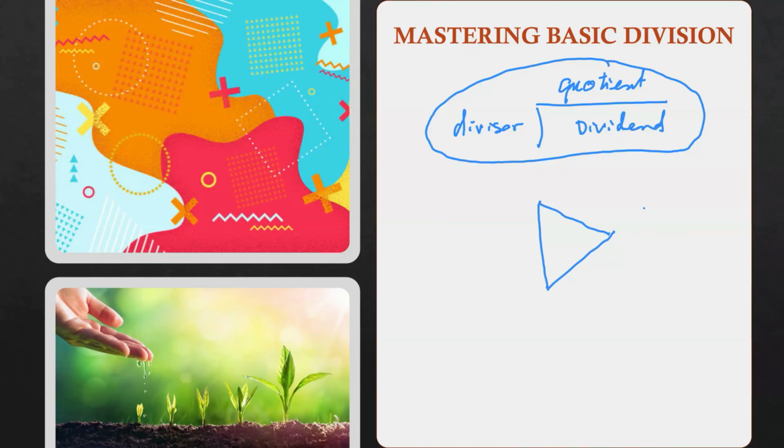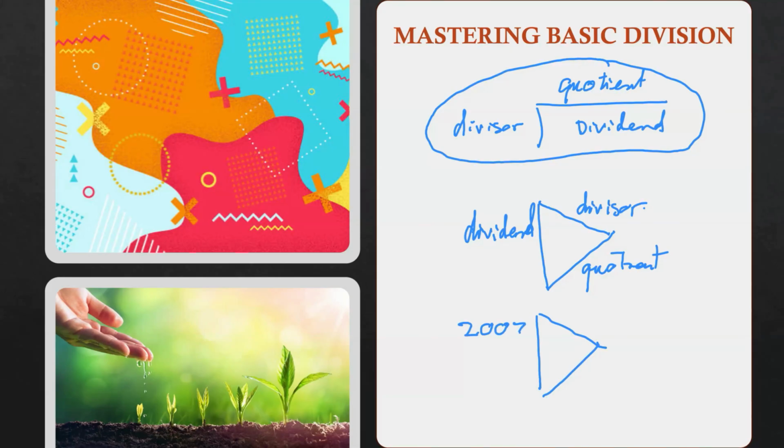And I'm going to put the dividend here, and I will put the divisor here, and I'll put the answer, which is the quotient, here, and see what happens. Okay, so I'm going to put in the dividend 2007, and for the divisor, I just put a 6 here.